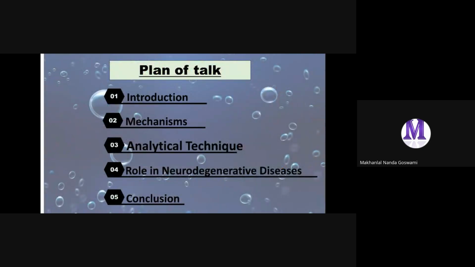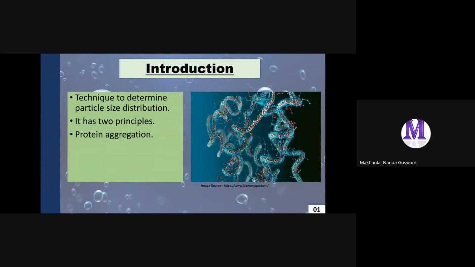In this presentation, I will be going through the following plan of talks: introduction, mechanism, analytical technique, role in neurodegenerative disease, and conclusion. Let's begin with the introduction. Before moving to the main part, let us first know what is meant by DLS. It is a technique used to determine the particle size distribution, and it also helps in characterizing nanoparticles and proteins.